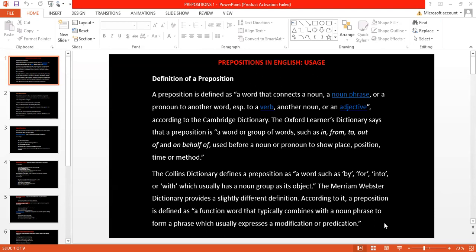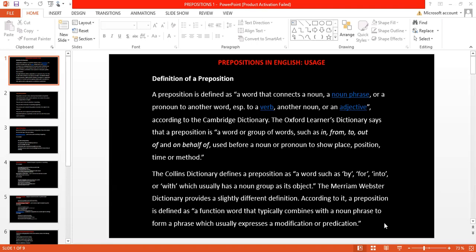What is a preposition? It's simply defined as a word that connects a noun, number 1. 2, a noun phrase or a pronoun to another word, especially to a verb, another noun, or adjective. Take note, because you're going to see all of these elements in the options you'll be given.